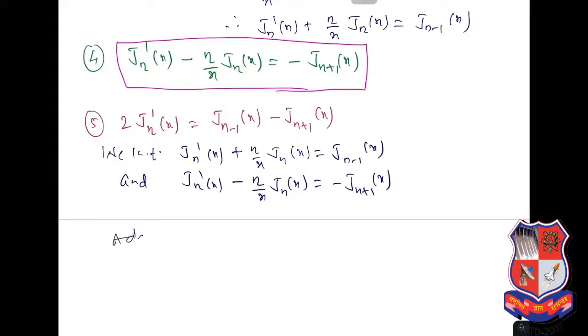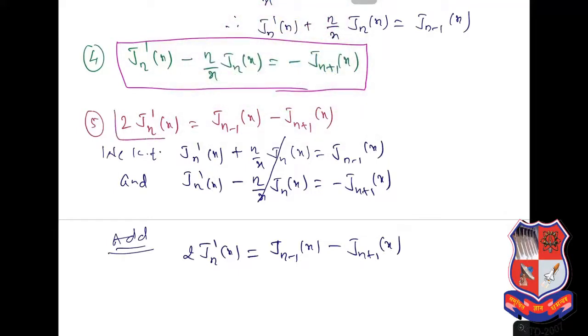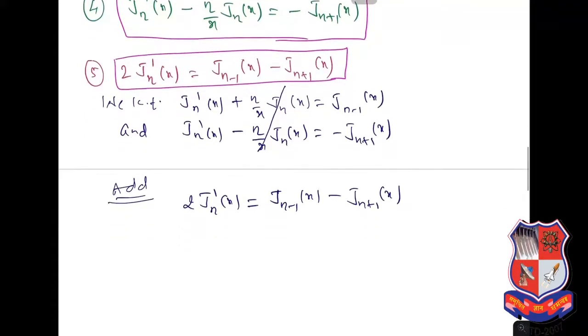So if we add these two, then we have 2 Jn dash x, this cancels, is equal to Jn minus 1 x minus Jn plus 1 x. So that's the result we want: 2 times Jn dash x equal to Jn minus 1 x minus Jn plus 1 x.